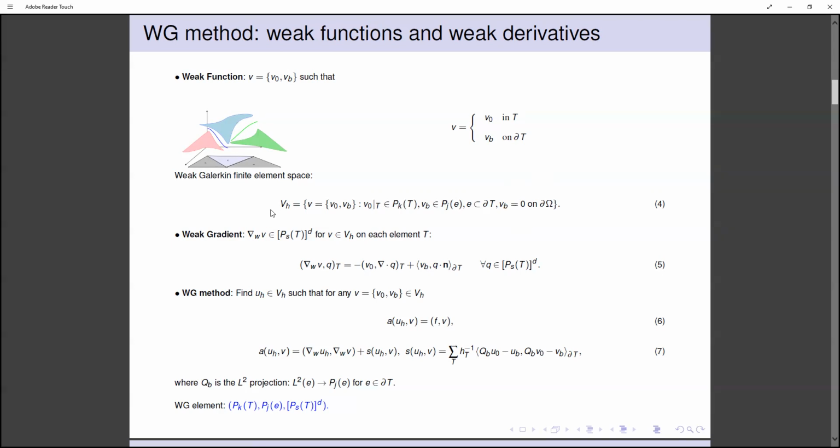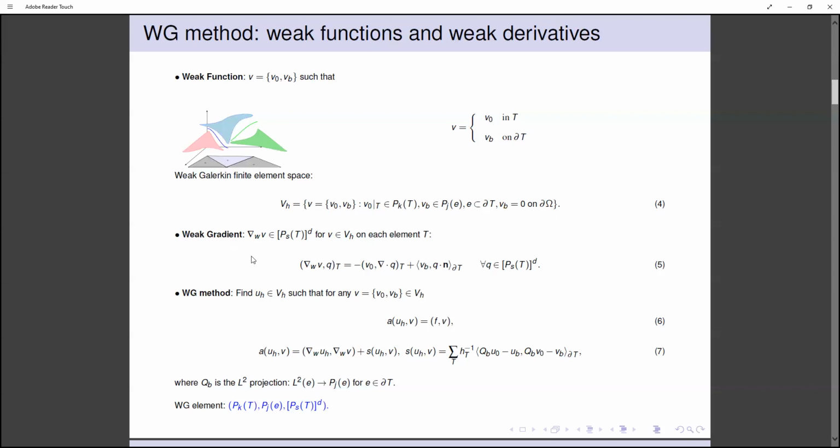After we define the WG finite element space, we can define the weak gradient for them. Why do we want to define a weak gradient? Since all the weak functions are discontinuous, we cannot take the standard gradient for them over the whole domain.